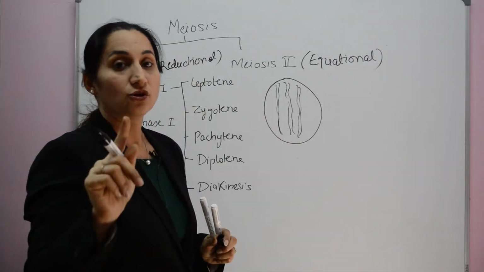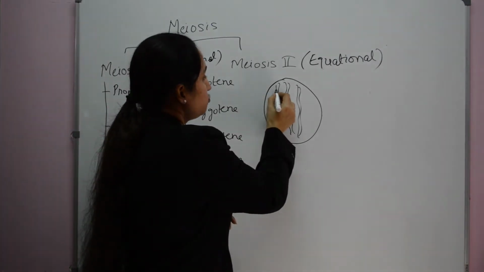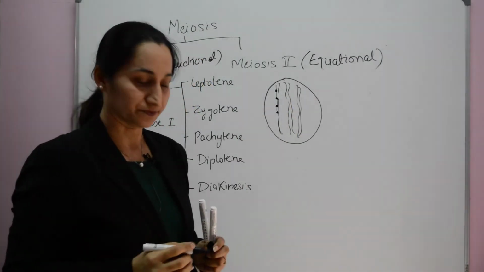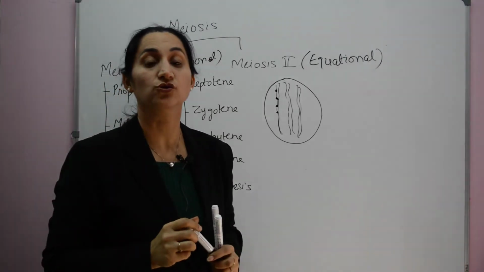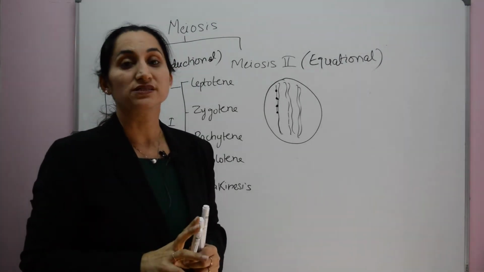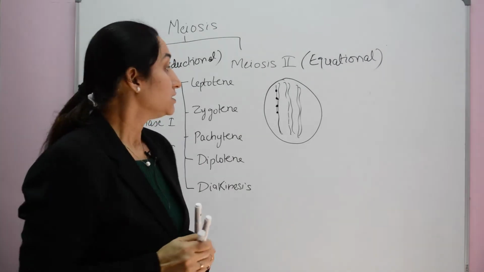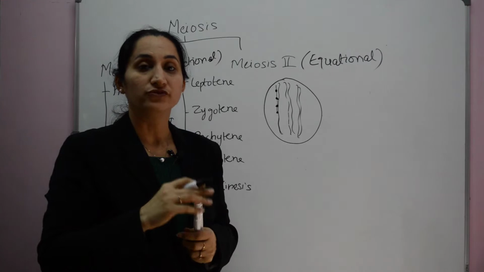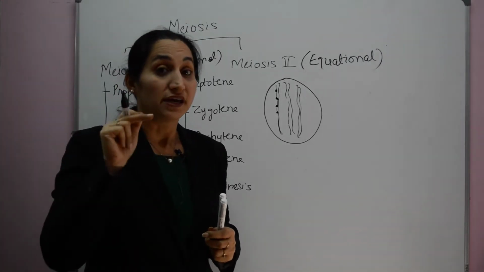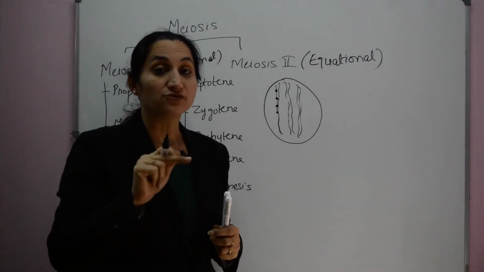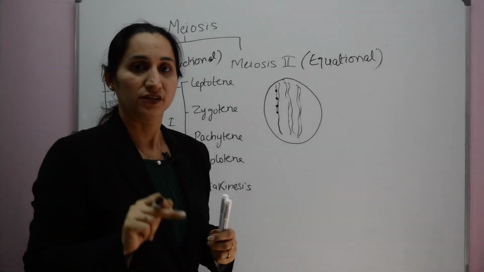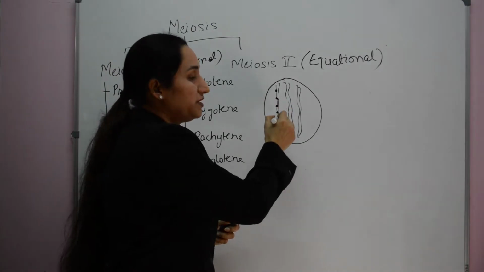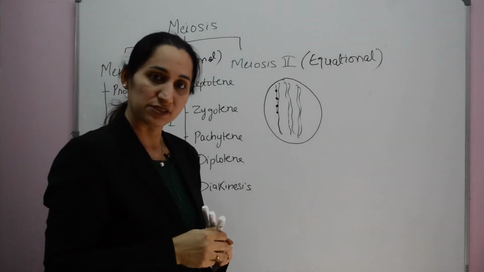But in these long thread-like structures, a few bead-like structures can be seen. What are these bead-like structures? These bead-like structures are chromomeres, also known as idiomeres. These are actually highly coiled structures of DNA and protein complex, at the places where transcription is absent. So we can see long thread-like structures in which a few beads can be seen.